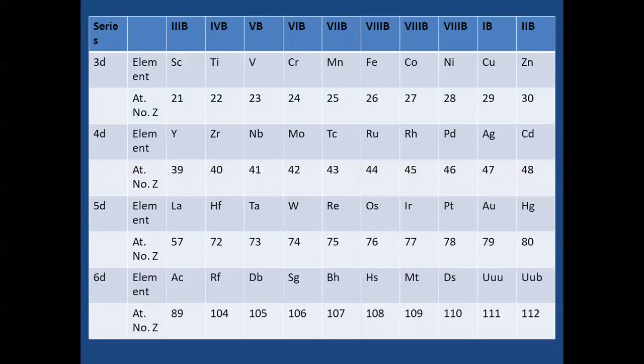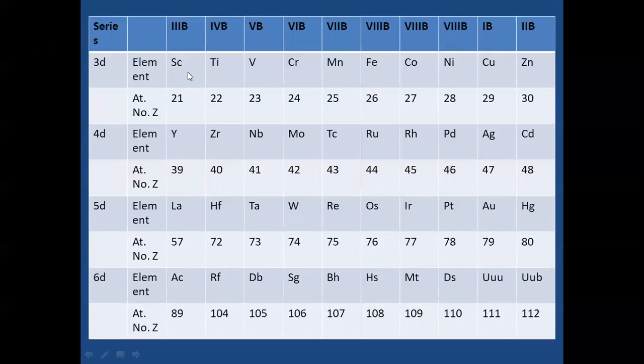Whereas the 8th B group consists of 3 vertical columns. So 3 times 4, 12 elements belong to the 8th B group, whereas all other groups will be having 4 elements each. Now, the first series of these elements is called the 3d series.